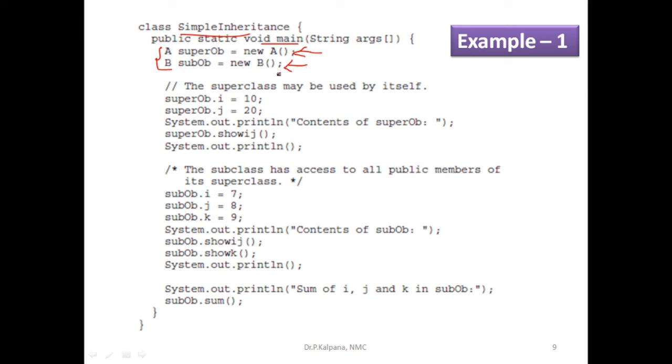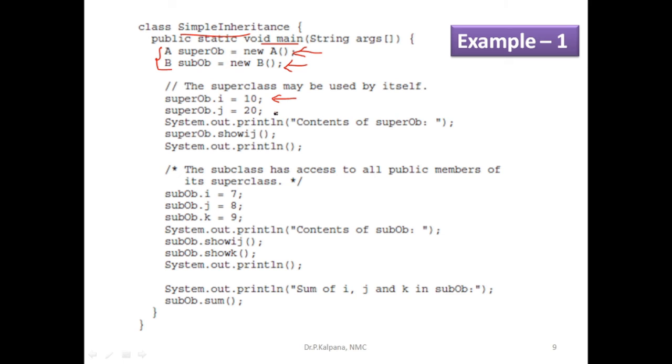That's all. As we discussed earlier, with the help of A's object, it is possible to access only the members of A's class. See, superOb.i = 10. So 10 is assigned to i using the superOb object. So this is a valid statement. superOb.j = 20.